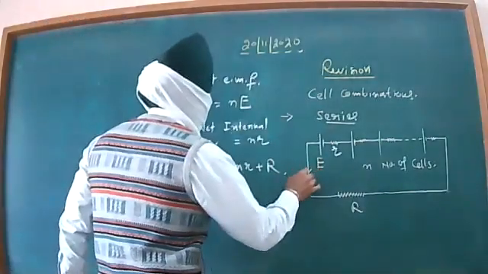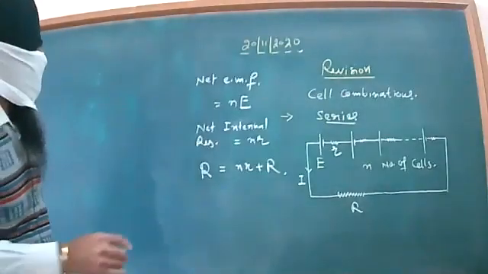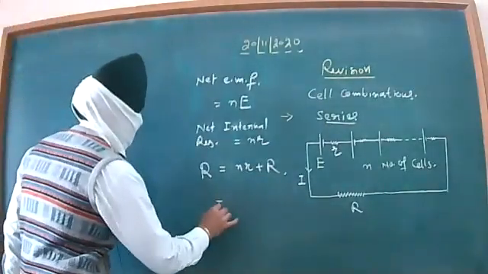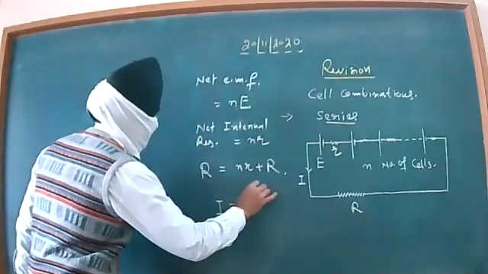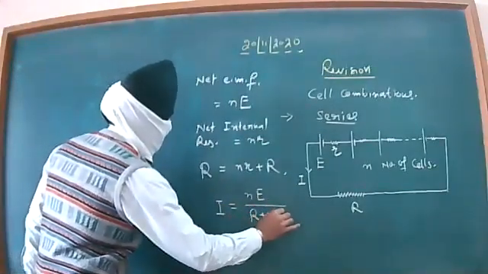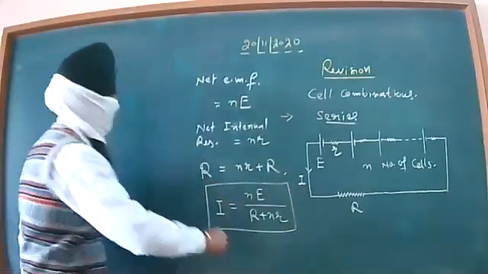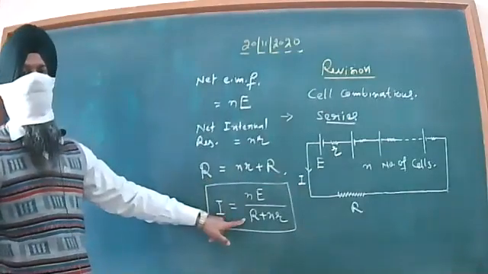Dear children, imagine that I is the amount of the current flowing through the circuit. In order to calculate this I, it will be equal to the net value of EMF divided by capital R plus N r. This is the net resistance which the circuit is offering to the flow of electric current.